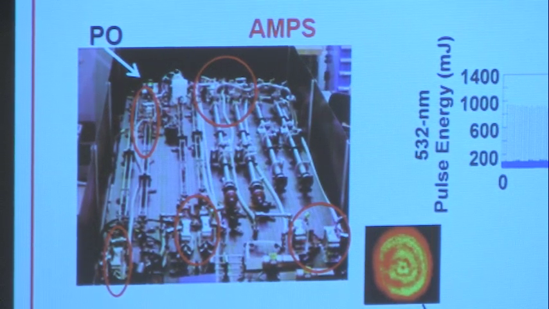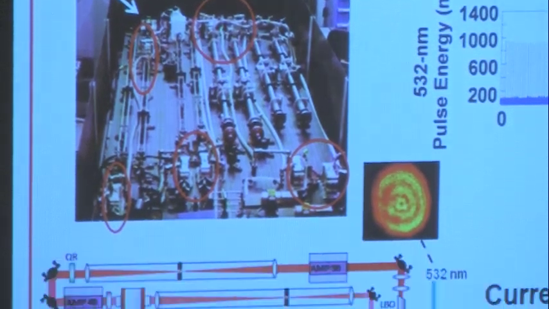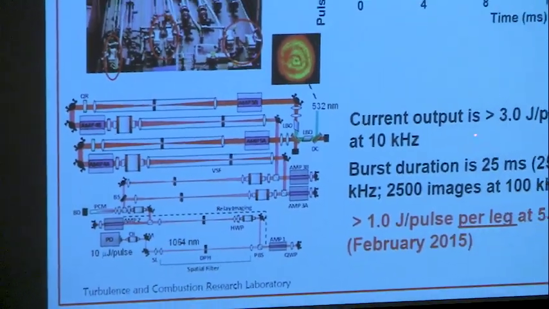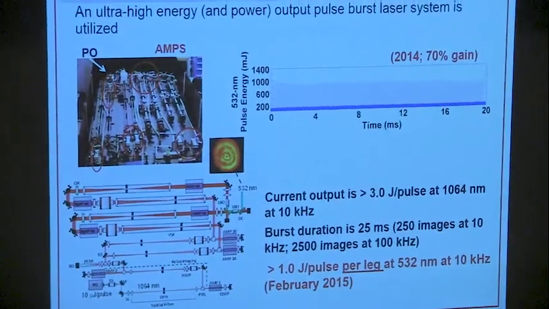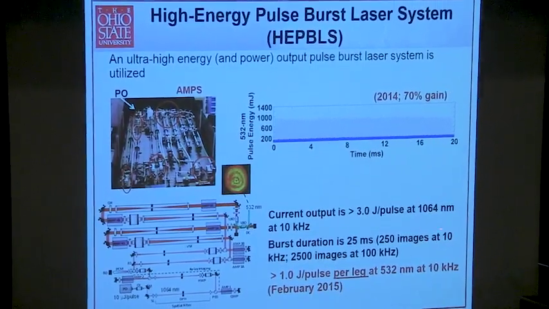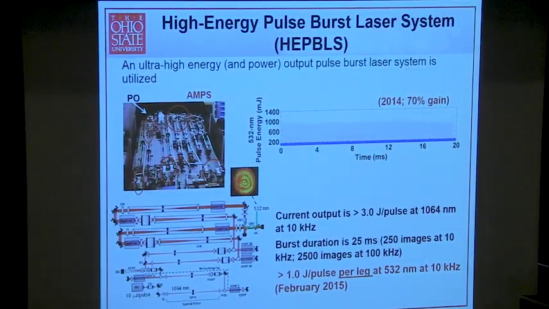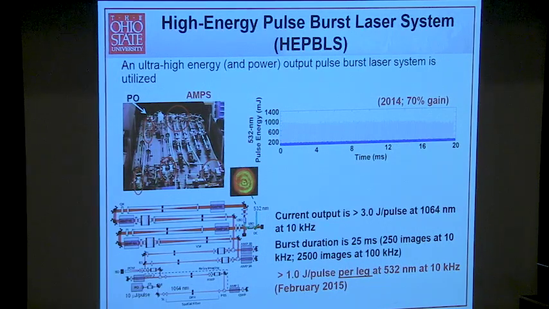And if you think about that joule, that's about the same level of energy you get in a commercial Q-switch YAG at 10 hertz, okay? The burst duration is 25 milliseconds, so in terms of what you can measure, it's like 250 consecutive images at 10 kilohertz or 2,500 at 100 kilohertz.